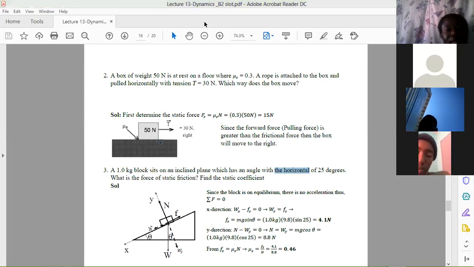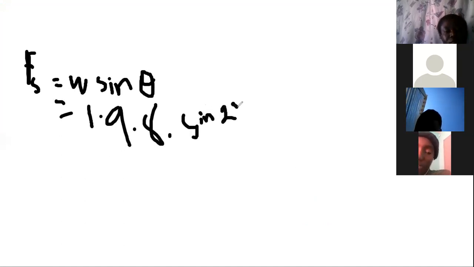If we plug in all those things, 1 times 9.8 times the sine of an angle 25, we get something equal to 4.1 Newton.